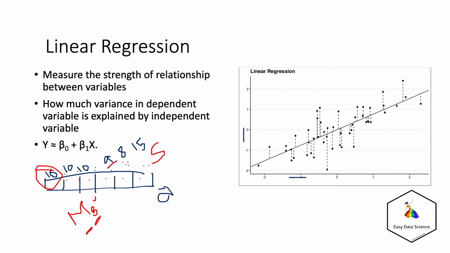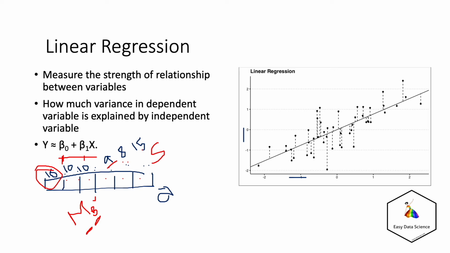And to do that, we try to find out a relationship, and one of the ways is assuming that there is a linear relationship.